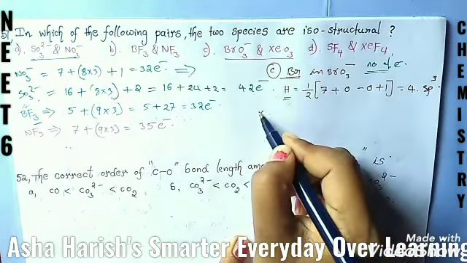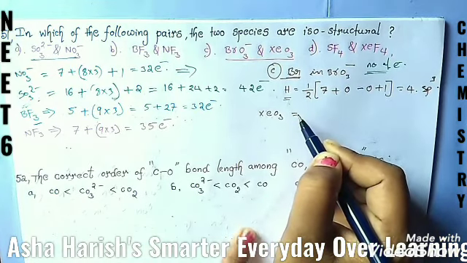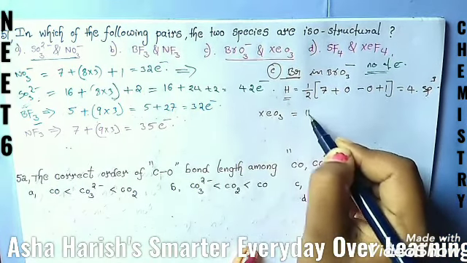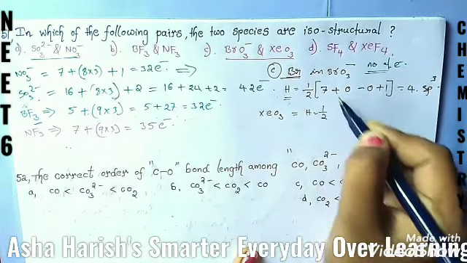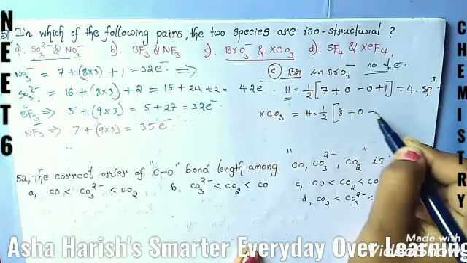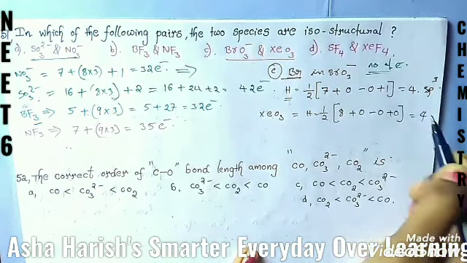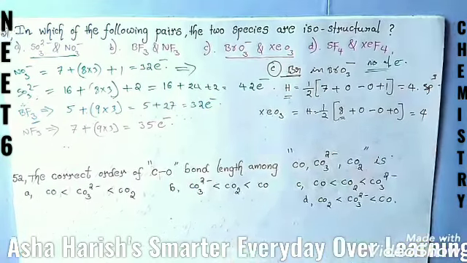Now students, for XeO3 xenon hybridization, H is equal to, we need to find out based upon this formula, half into 8 plus 0 plus 0. Why? Because these are the valency electrons.